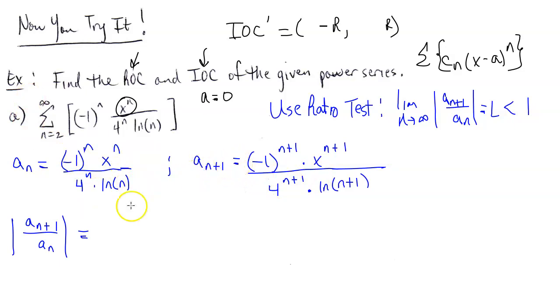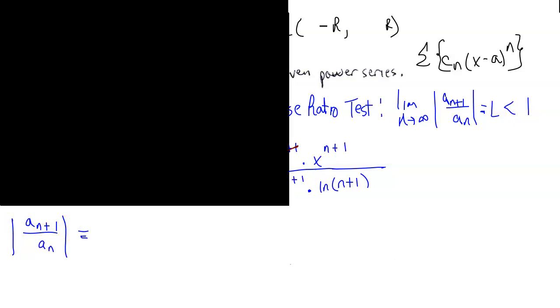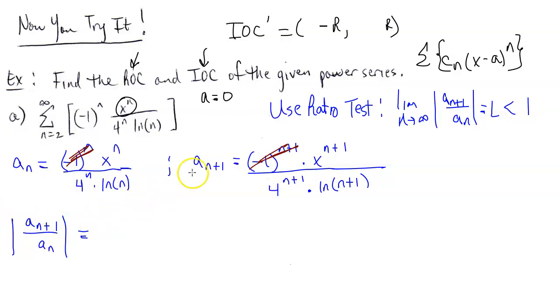So I'm going to write these, but exclude this and exclude that, because the absolute value is going to take those away. Now that we have that, I'm going to write down my a sub n plus 1, which is just going to be this.